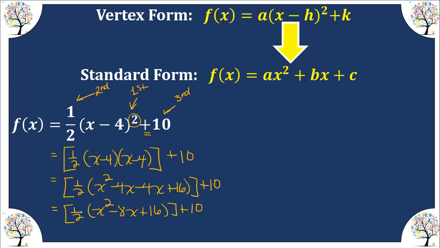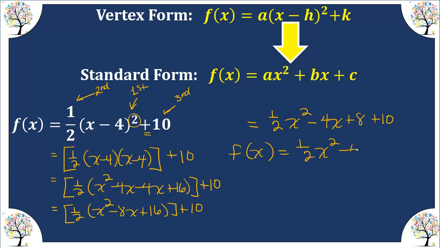Okay, now I'm going to distribute this 1/2 to this trinomial, and then at the end I will add in 10. So I have 1/2 x squared minus 1/2 times the negative 8x gives us negative 4x. 1/2 times positive 16 is plus 8, and now I can just write plus 10. So the final result is 1/2 x squared minus 4x plus 18.